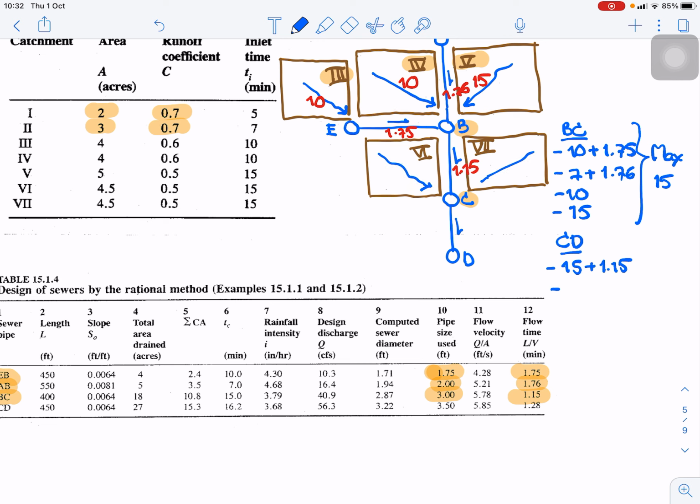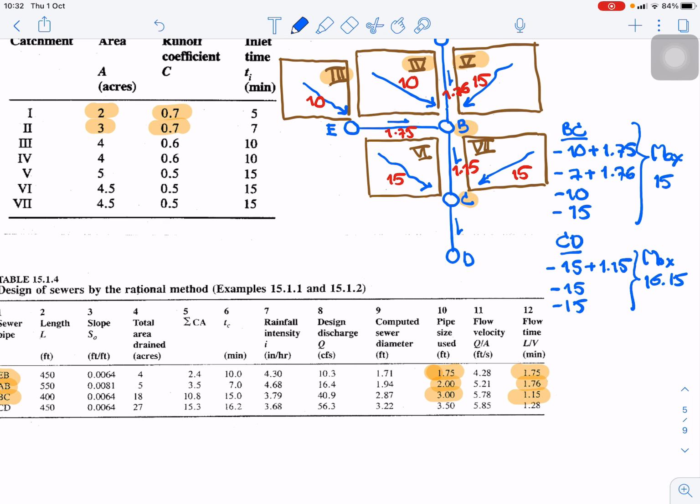So the first is 15 plus 1.15, and then we check the direct flow from the sub areas. Number 6 is 15, number 7 is 15. So we have 15 and 15, and you can choose the maximum, which is 16.15.